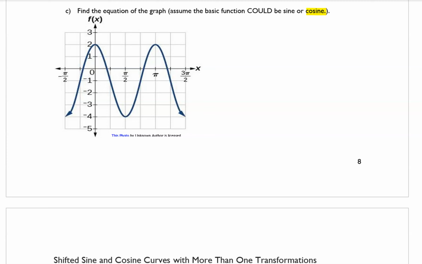transformation after that. So I know that the highest y value here is 2 and the lowest y value is -4. And if I average those two numbers, 2 plus -4, and then divide that by 2, the numerator is -2 and the denominator is +2, and that gives me -1, which represents the center.